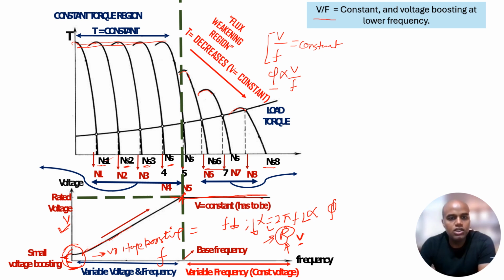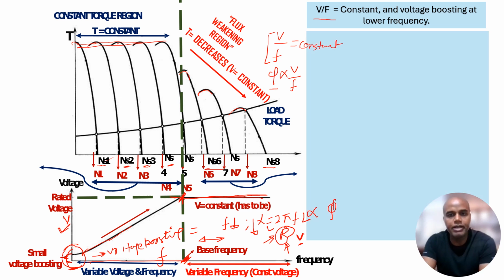So this region where I can increase the voltage up to the rated voltage is also known as up to the base frequency. Up to here is the variable voltage variable frequency region, and beyond is the variable frequency only region, where the voltage remains constant because I cannot increase my voltage beyond the rated capacity.